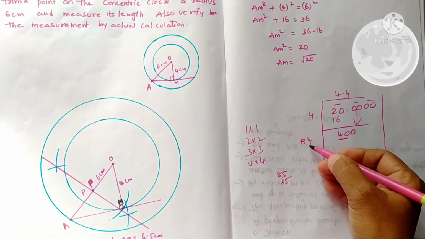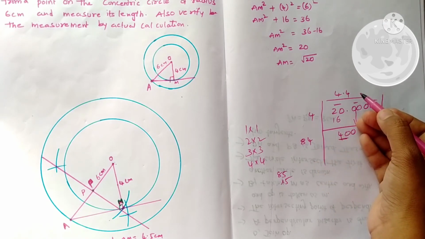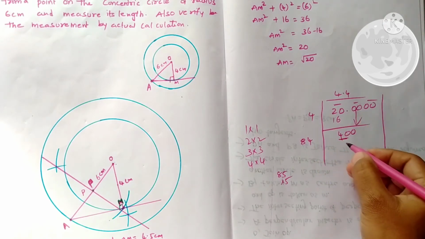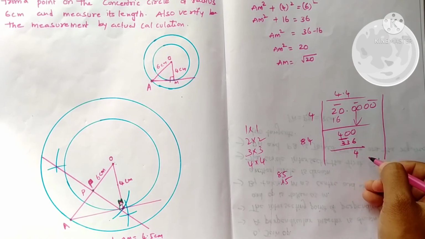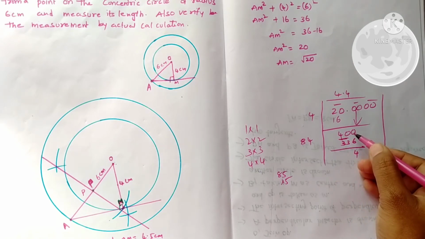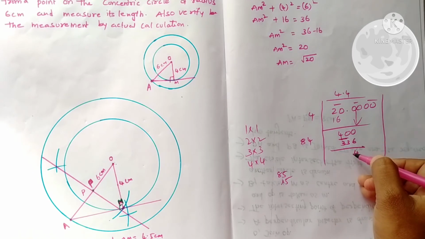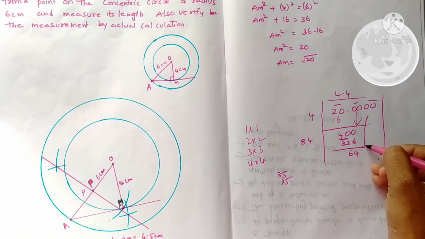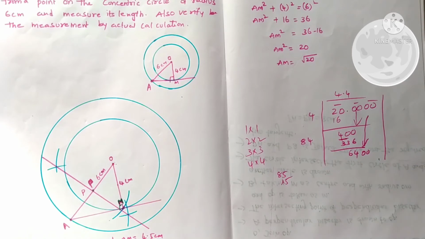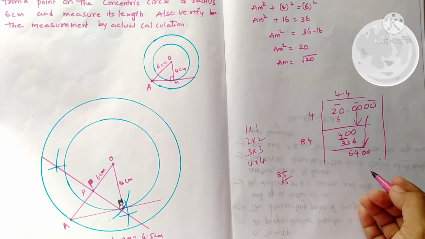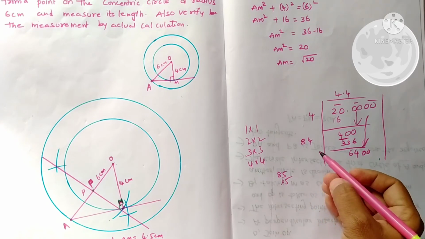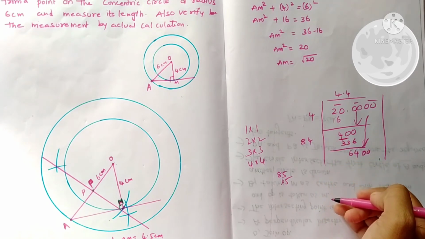Now we want to multiply 84 by 4. 84 4s, if we multiply, we get 336. Again if we subtract, 10 minus 6 is 4, 9 minus 3 is 6. Bring down the next set of zeros. This is 6400.